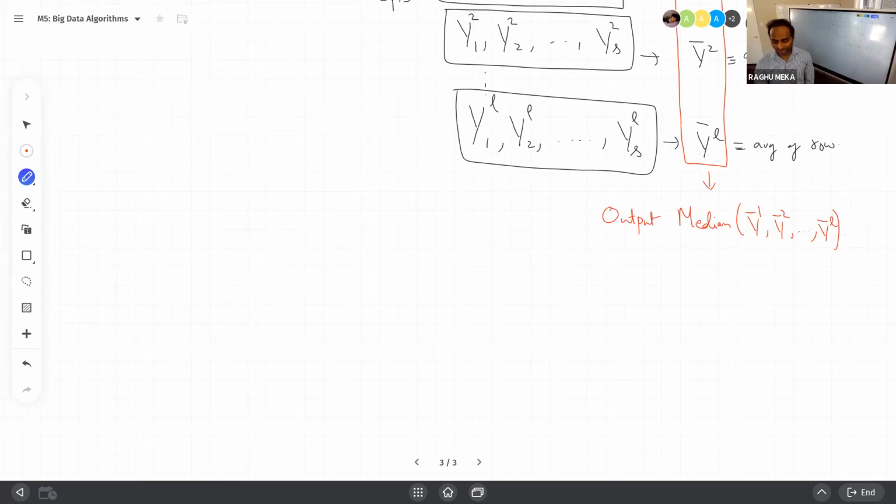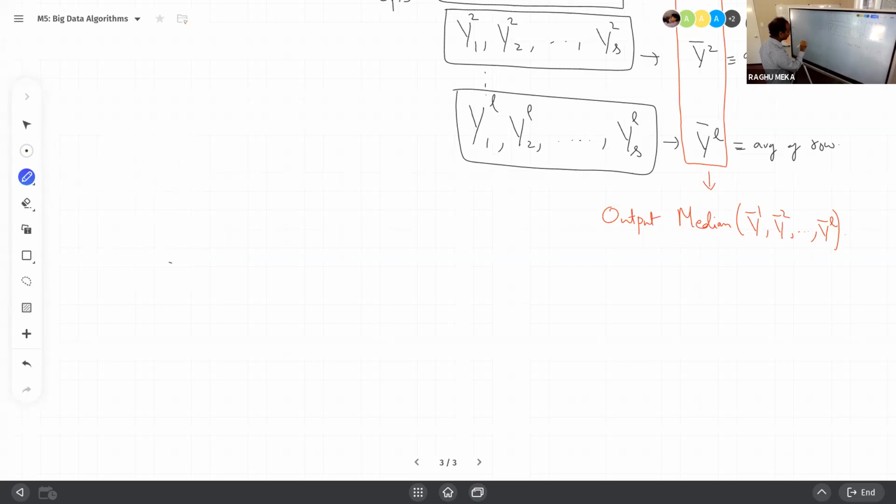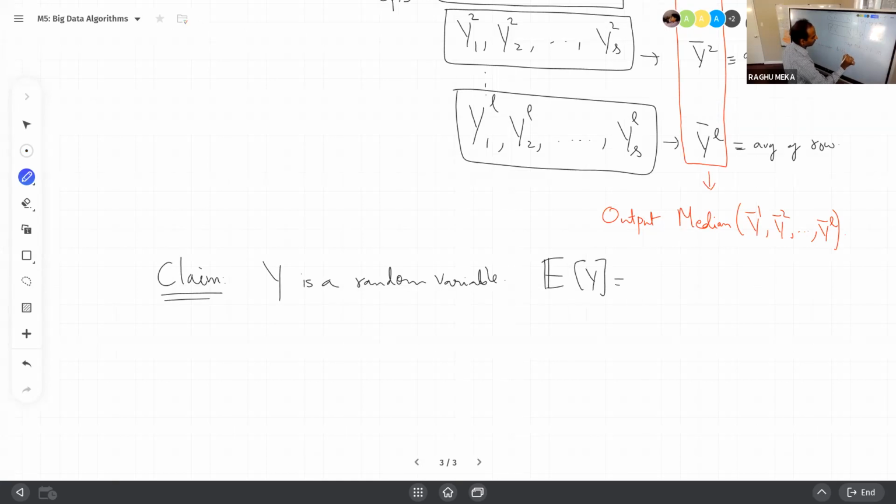It gets used a lot. And the claim is that, let's say Y is a random variable. The expectation of Y is some number mu.